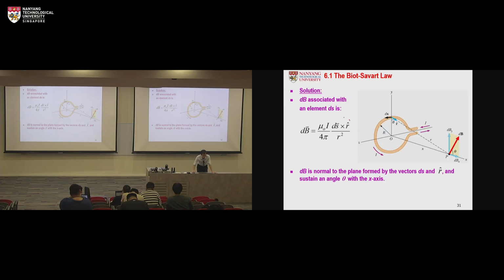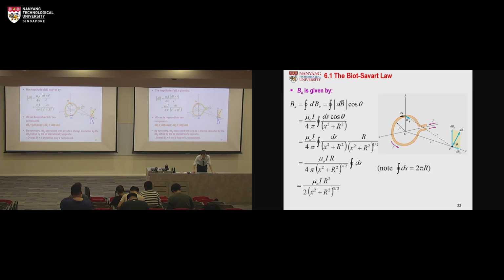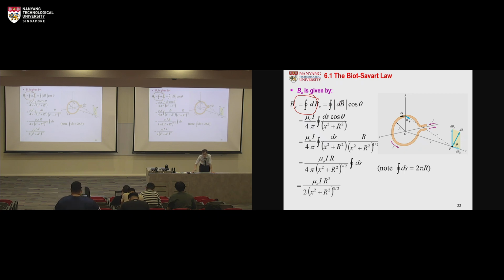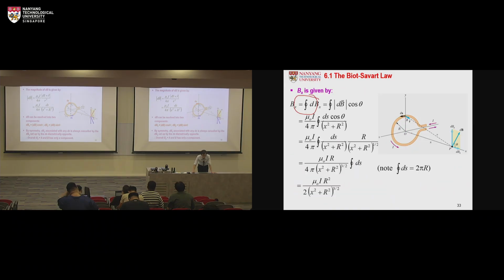So the starting point will only give you the dB due to a tiny section ds. And from here, you will need to do this integration along this entire loop to get this total B. On top of this, of course, there will be some kind of mathematical calculation.